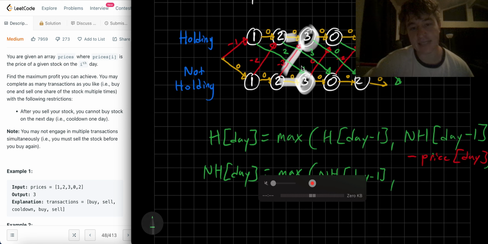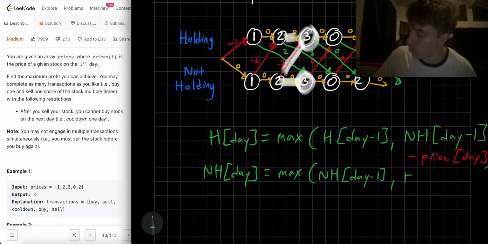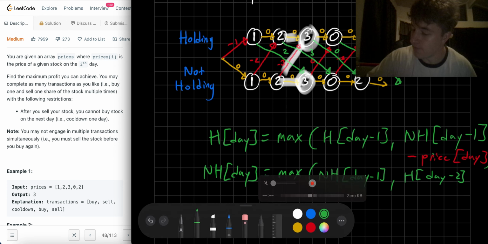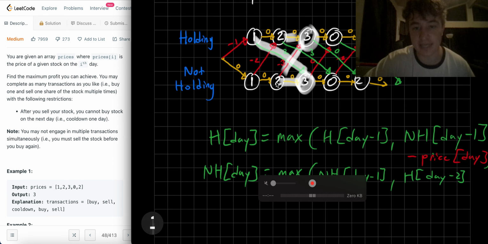Or I can decide to sell 2 days before. Because this is the day -1, this will be the day -2. So I can decide to get the value that I would get from holding from 2 previous days, so -1, -2, because I had to take that rest day. So that rest day is captured here. And then the value I would get is the price at the previous day.